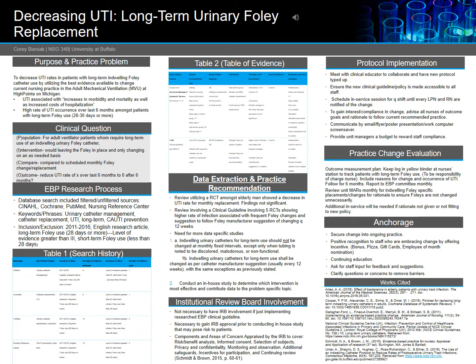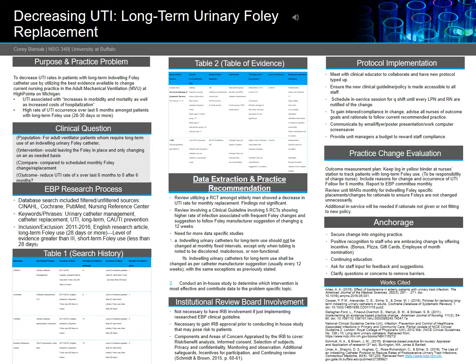We'll also review unit MARs, medical administration records, monthly for indwelling Foley-specific placements or changes for rationale to ensure Foleys are not changed unnecessarily. Additional in-service will be needed if rationale is not given or not fitting to the new policy.